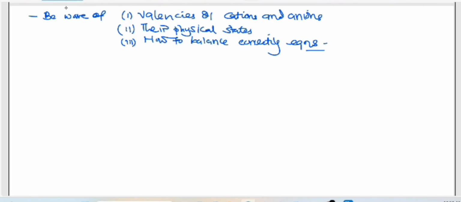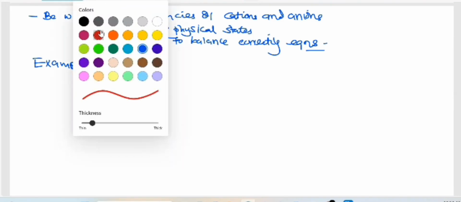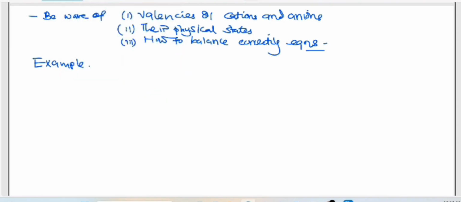So now I'll give out example 1. We have barium nitrate salt reacting with zinc sulfate.